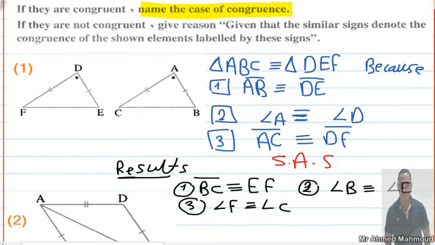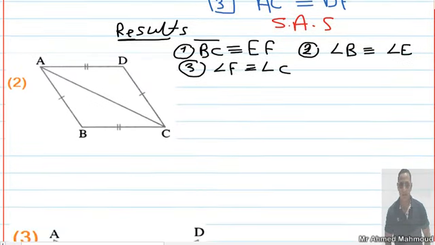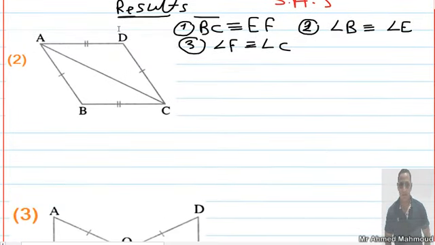Okay, the next one. Here we have DC included dash and AB included dash, then they are equal sides. BC side equal to AD side, and AC here is called the common side.